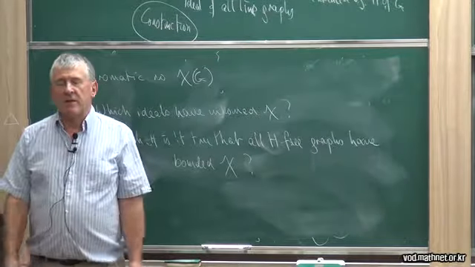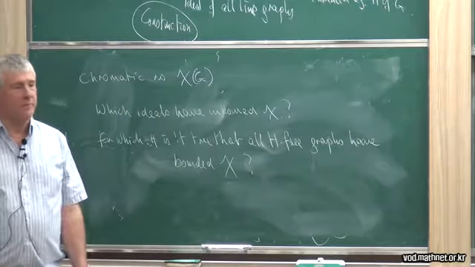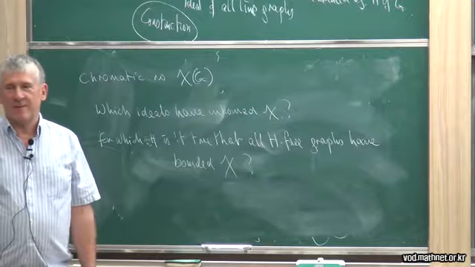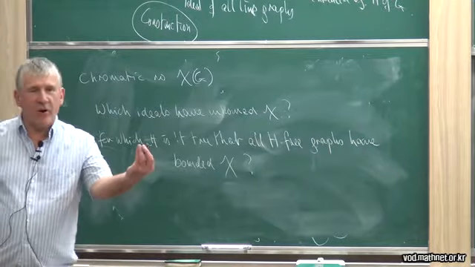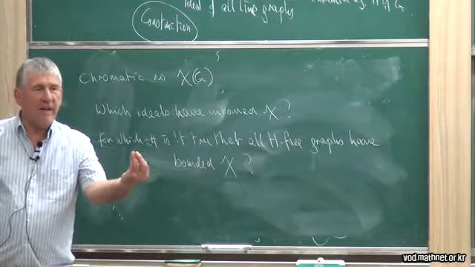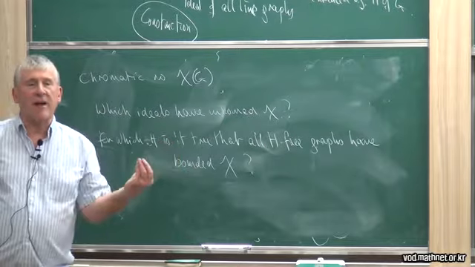Well, so what's the answer? This one you can do. Here's a graph, and I hope that all graphs that don't contain it have chromatic number at most 10.